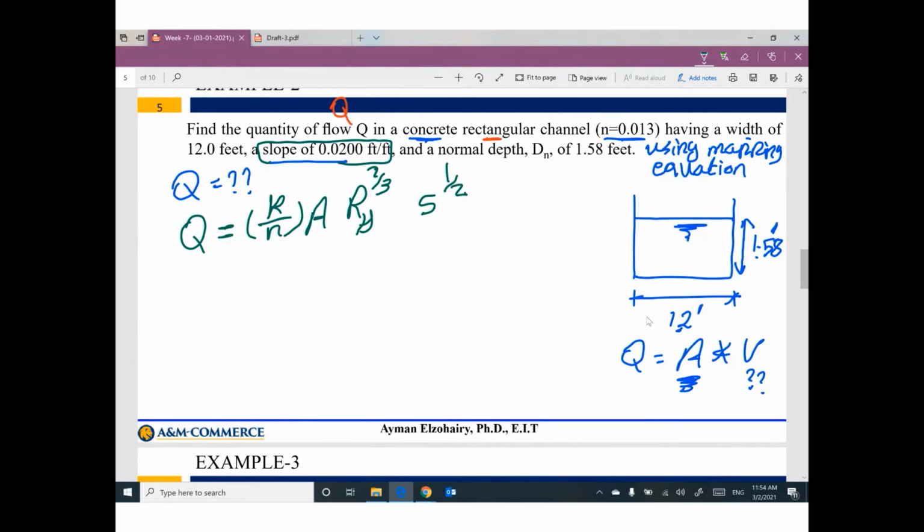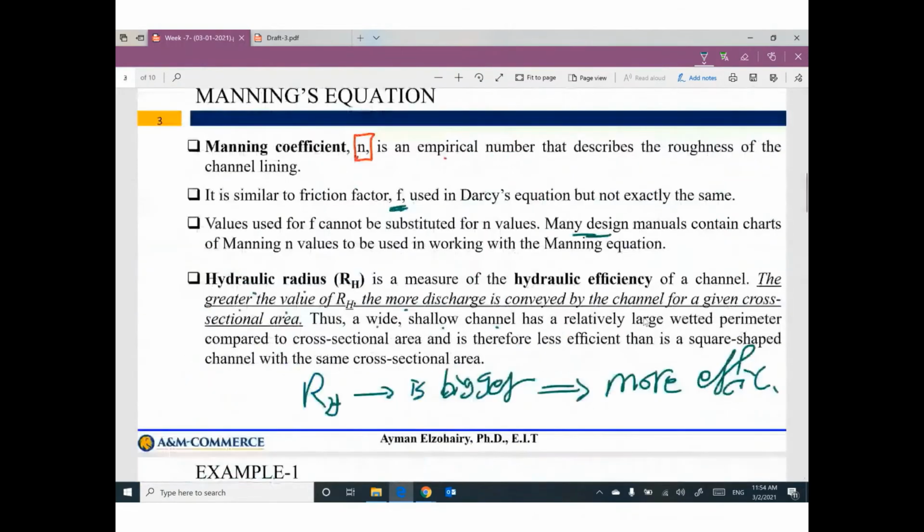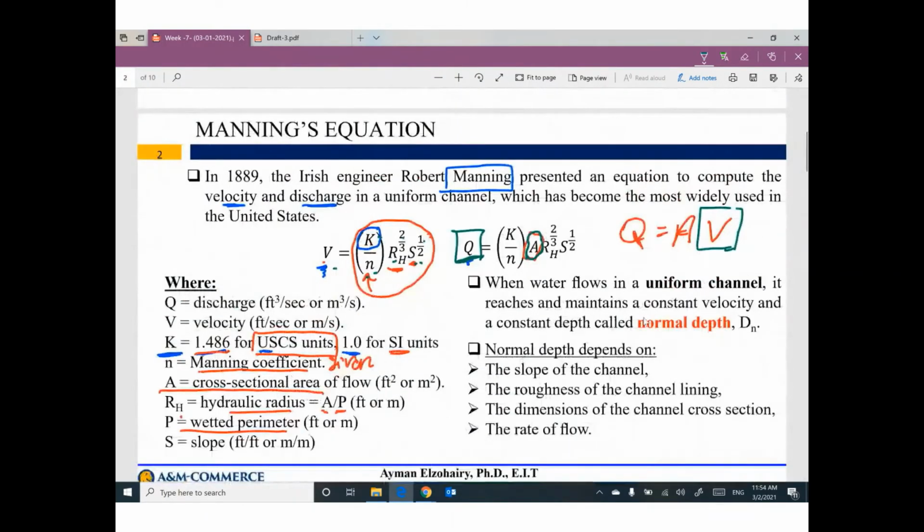If you go back, you will say, hey, we have two equations. I'm going to use this one because I'm looking for discharge. If you are looking for velocity, go ahead and use this one. The only difference is that this one has area and this one does not, but everything else is the same.